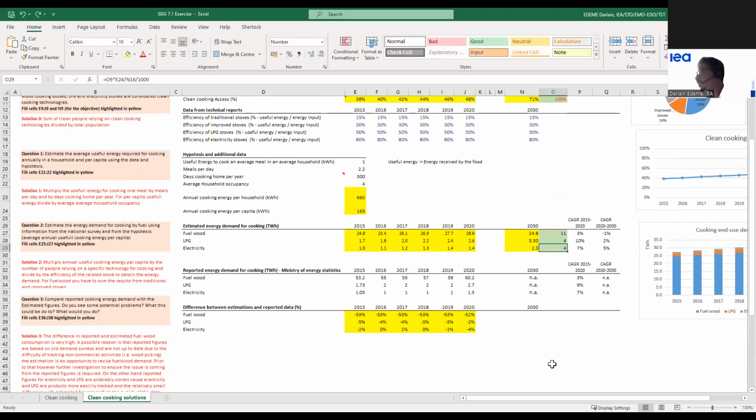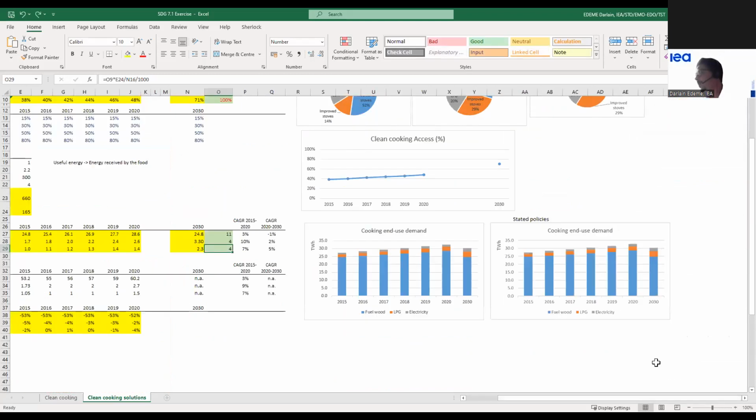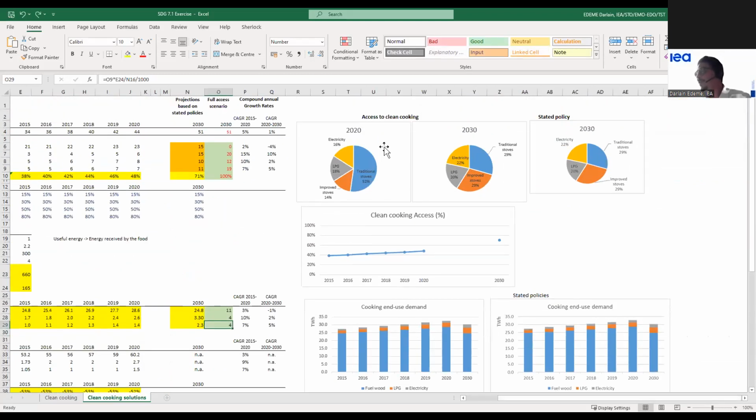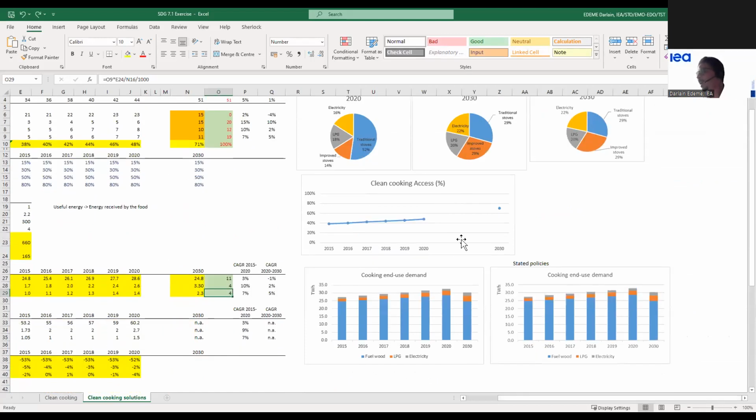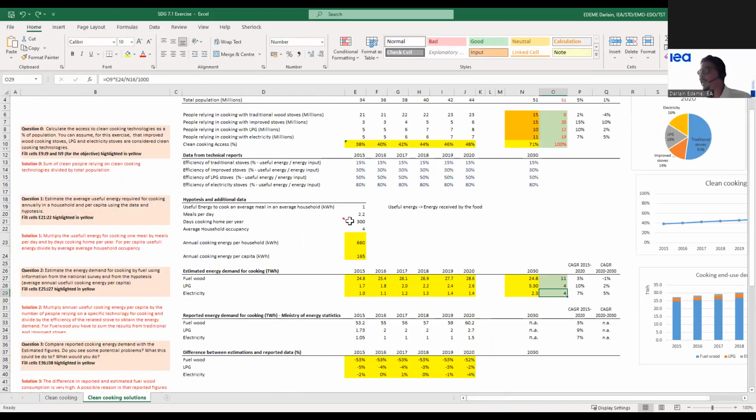So that's it, and then clearly you can plot all these values and do sensitivity analysis in order to see how the results change, for example, by changing whatever parameter we had as an assumption.